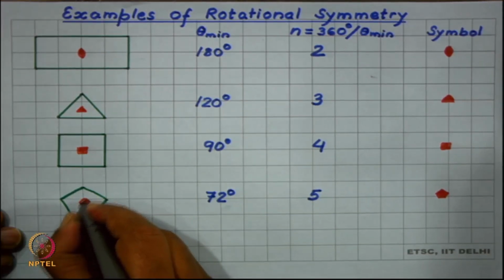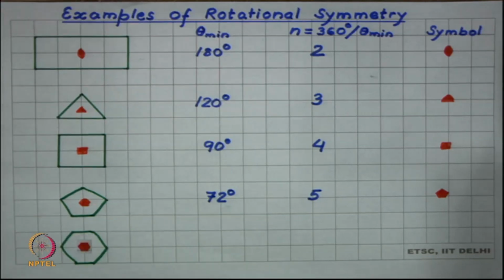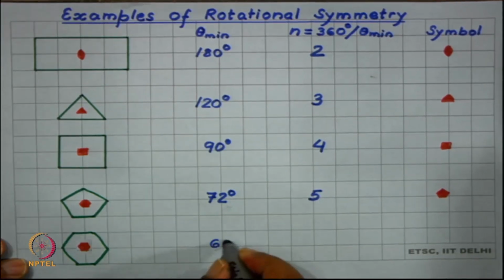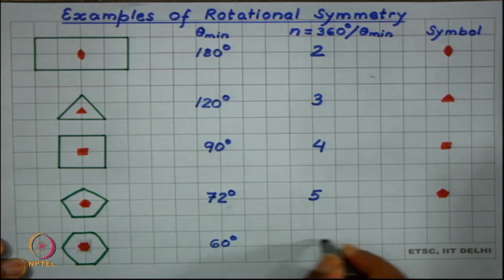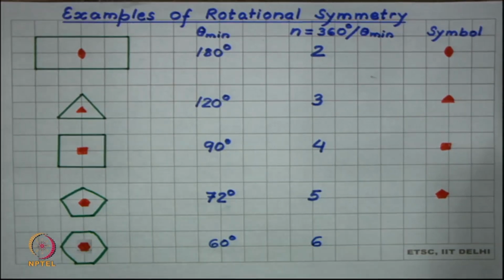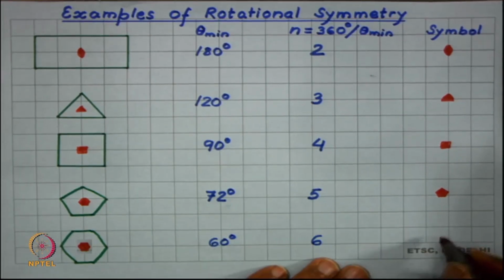We can have a regular n-sided figure, and that will have an n-fold axis of rotation. A regular hexagon coming into self coincidence by 60 degree has a 6-fold axis, and its symbol is a little hexagon.